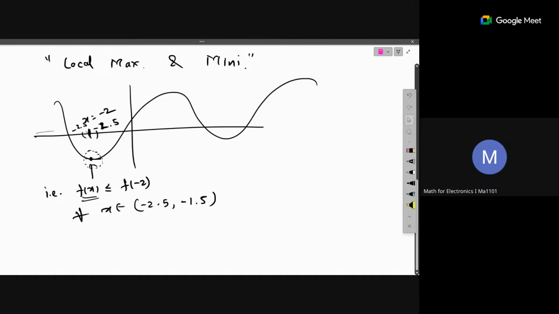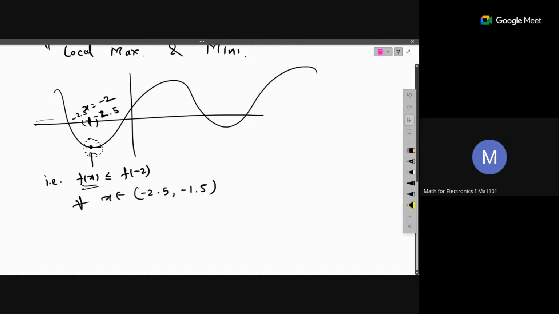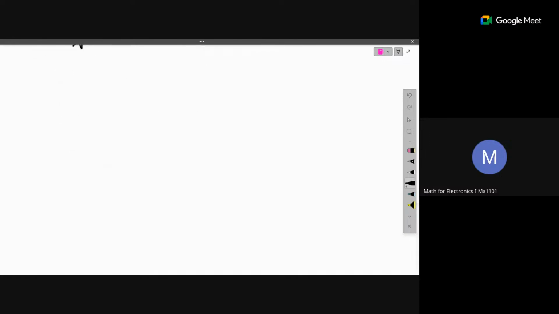First, let's define local maxima and minima. Local maxima is that point of your domain.